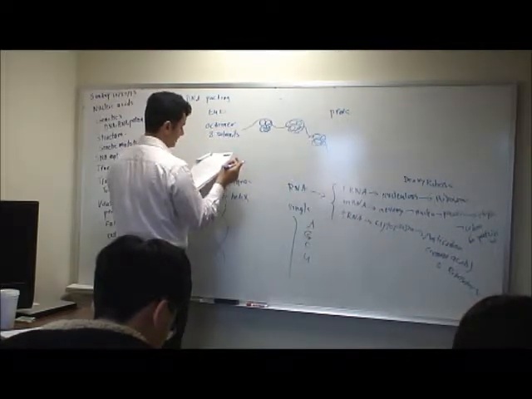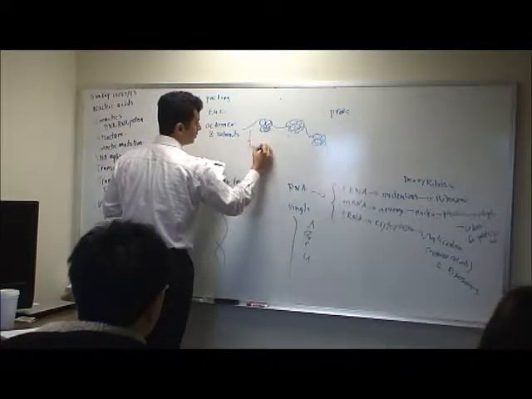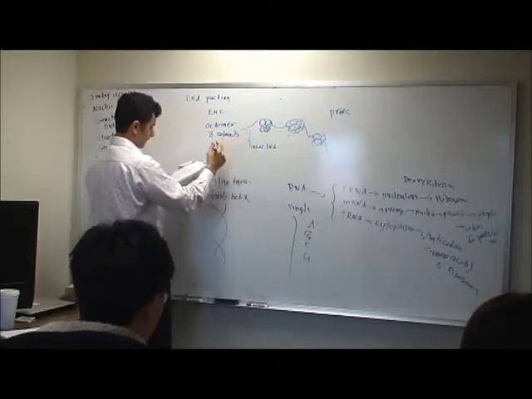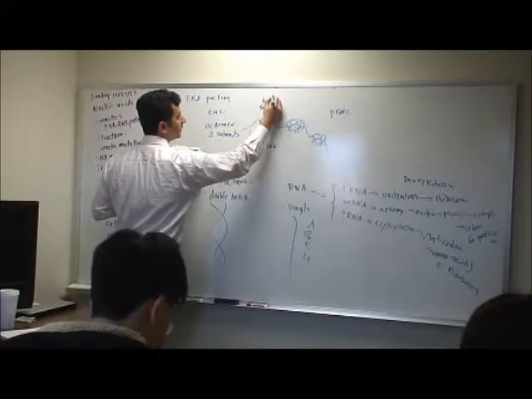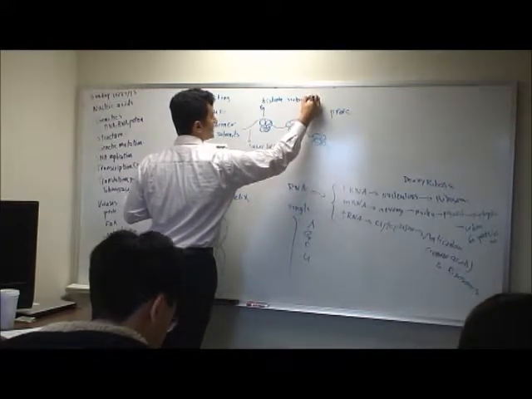And this is called linker DNA, and these are the histone subunits. They call it histone subunit. They have histidine.